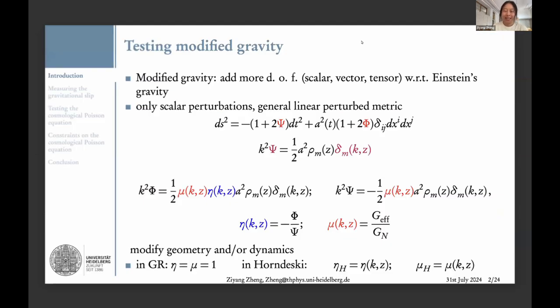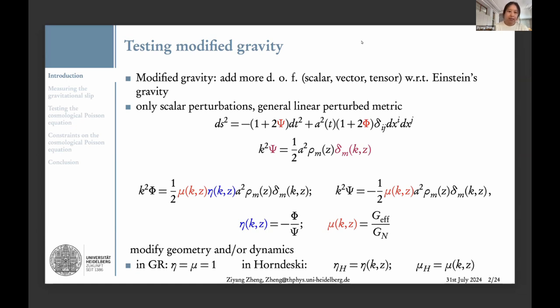We already know that Einstein's general relativity is a massless spin-2 field theory with 2 degrees of freedom. When we say modified gravity, it means we add more degrees of freedom. This could be a scalar, a vector, or a tensor.